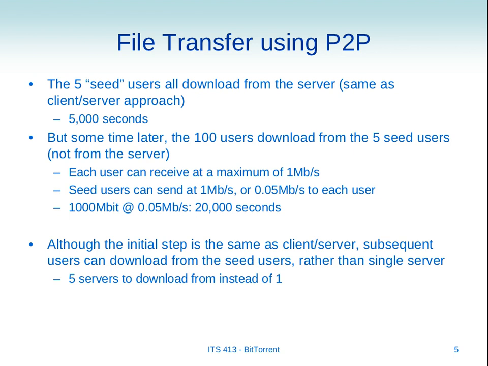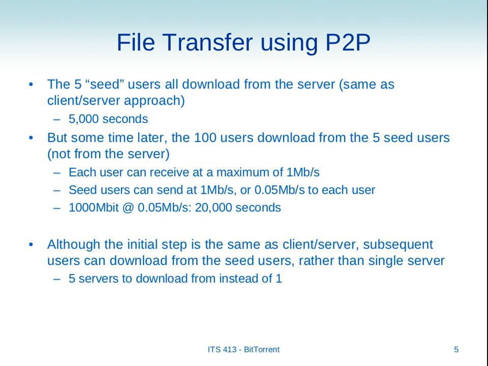So now we have 20 clients here downloading the file from client 1. Client 1 can send at a rate of 1 megabit per second, shared amongst 20 users, so we get our 1 megabit per second divided by 20, which is 50 kilobits per second.